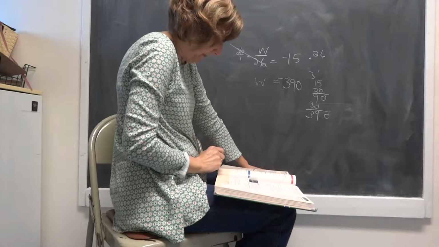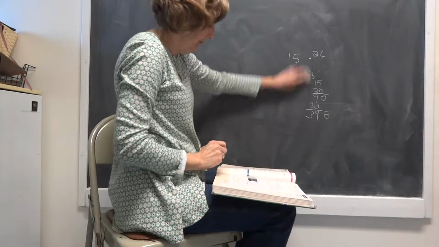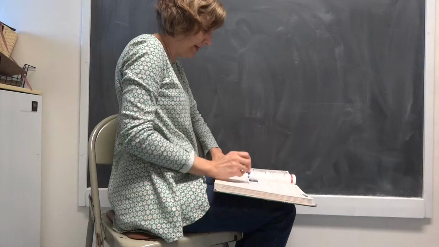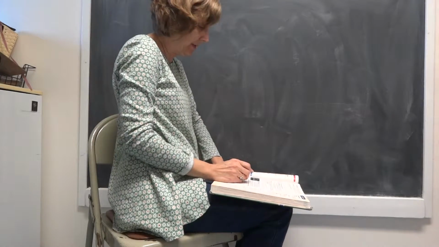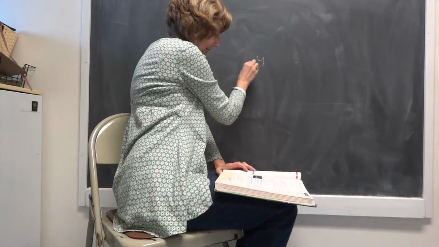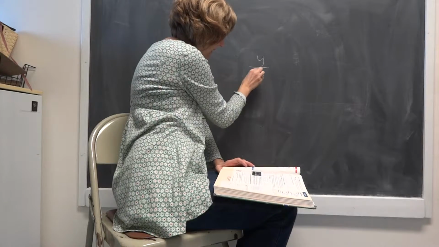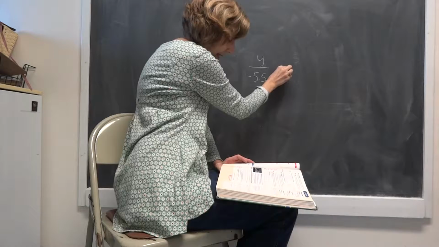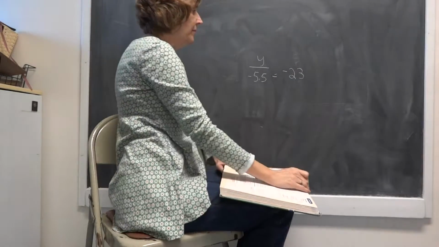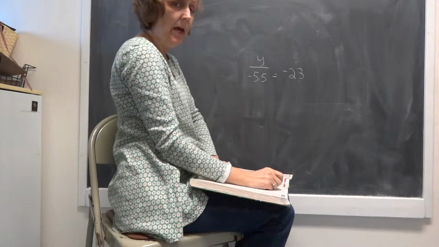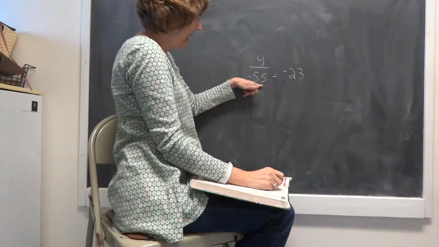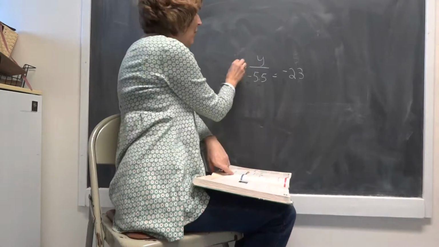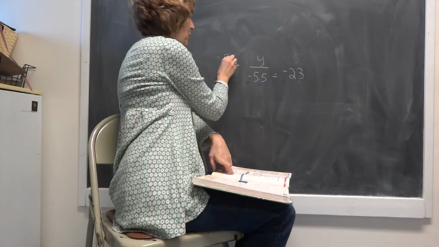All right. Now we'll do one more, 3C. I hope you're doing these with me so that you are practicing before you're on your own to do the exercises by yourself. Y over negative 5.5 equals negative 23. We want y by itself. Again, how do we get this out of the denominator to get y by itself? We have to multiply by negative 5.5.